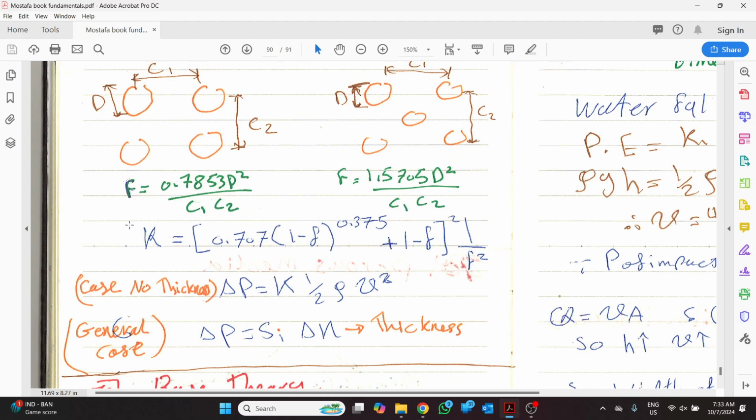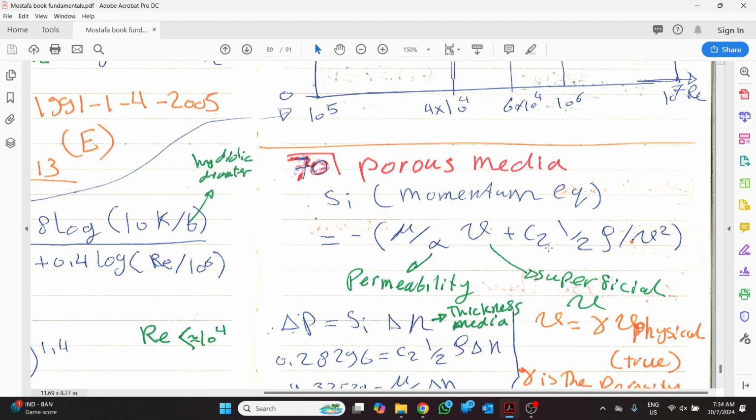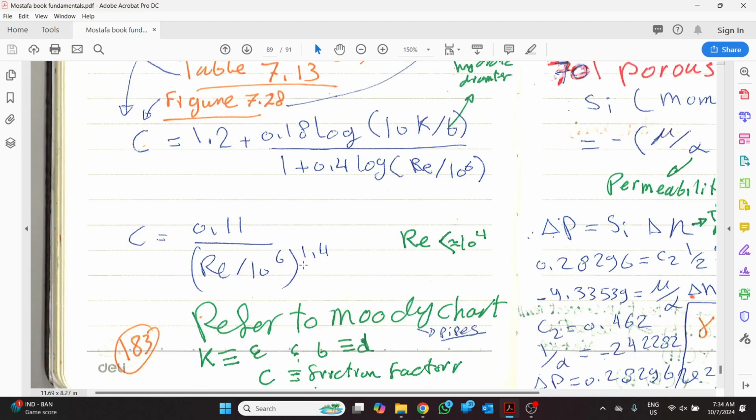This is a correlation to calculate K, and it is a function of F only. In the case of no thickness, delta P is K times 1/2 rho velocity squared. In the general case, if you have a thickness for the perforated plate, you can use the same equation as above.